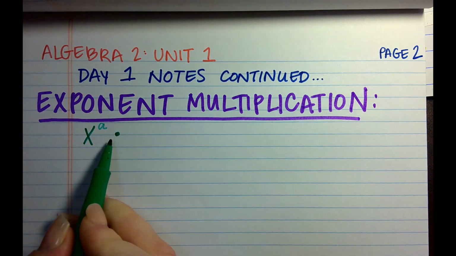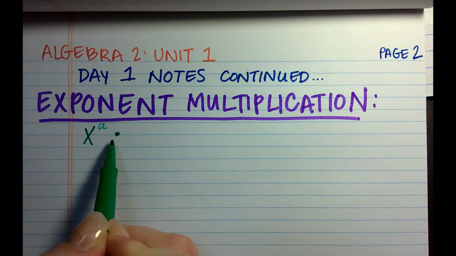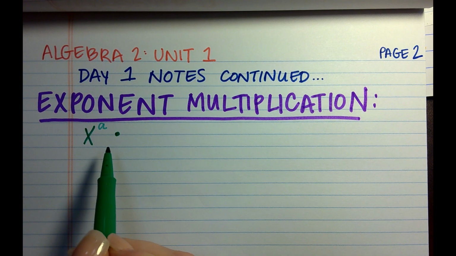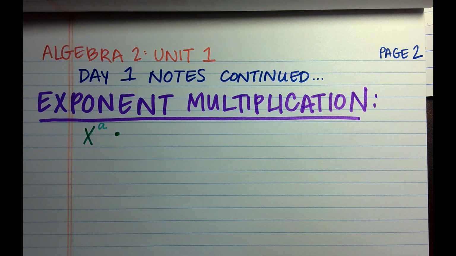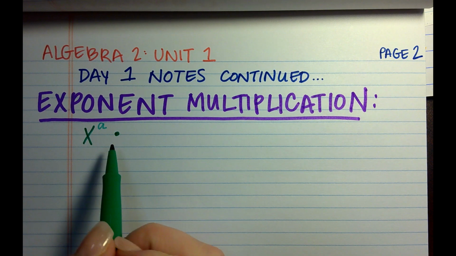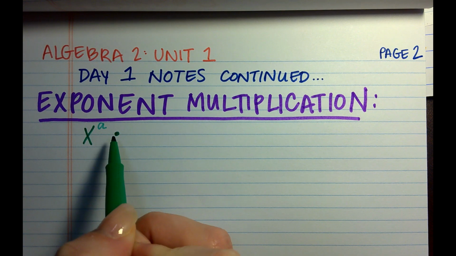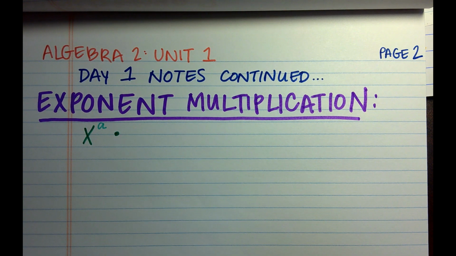Times, and this little dot symbol is often used as a multiplication symbol, especially as we move into higher level algebra, because I hate that we teach multiplication as an x. It is so confusing when we bring x in as a variable. So whenever I write multiplication, I will try to make a point to either use this dot or to use parentheses. That way we don't mix up, is this an x or is it a multiply sign?